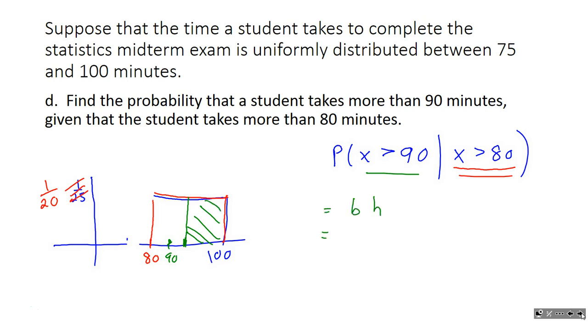The probability of a rectangle is base times height. Well, notice the base of that shaded region would be from 90 to 100. That's 10. The height adapted by the conditional information is no longer 1/25, it's 1/20th. And so that would be 10 over 20. There it is, 1/2.